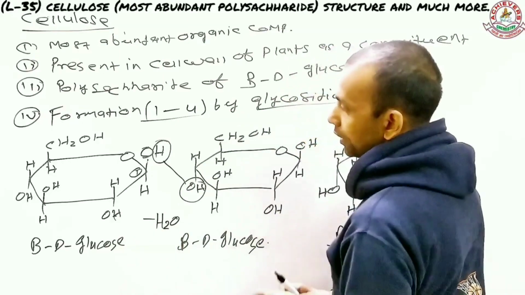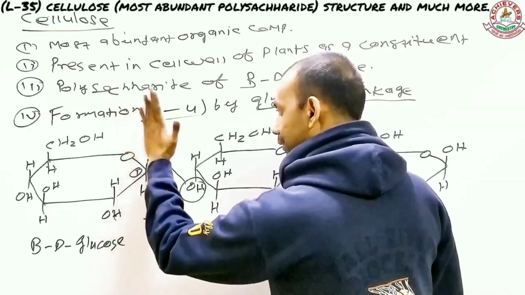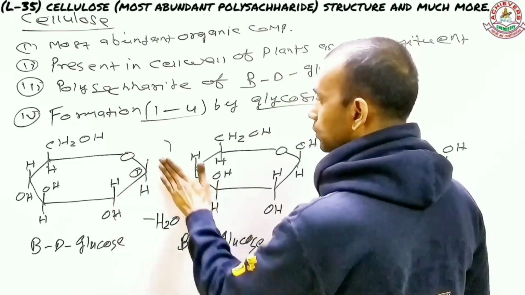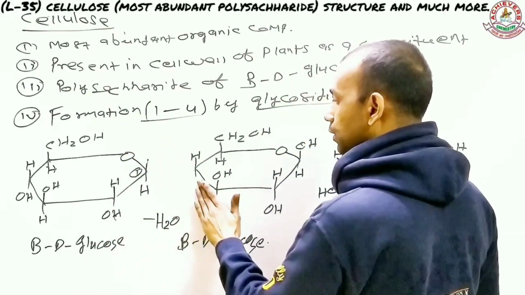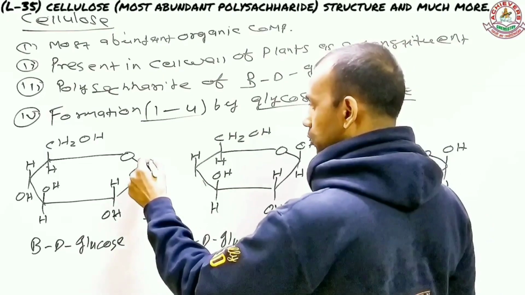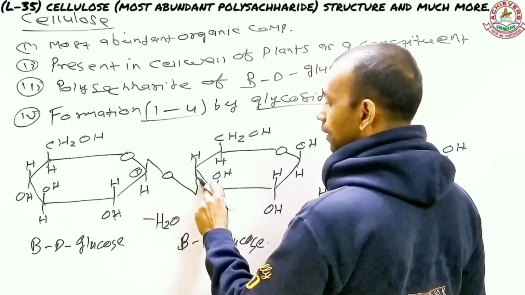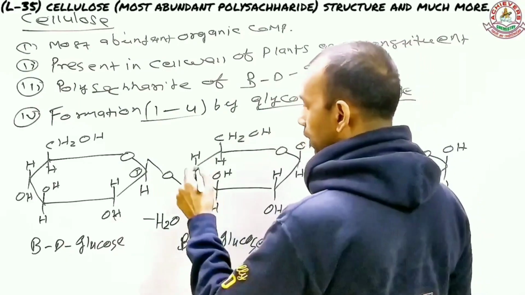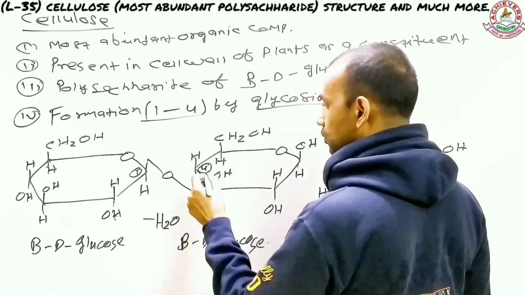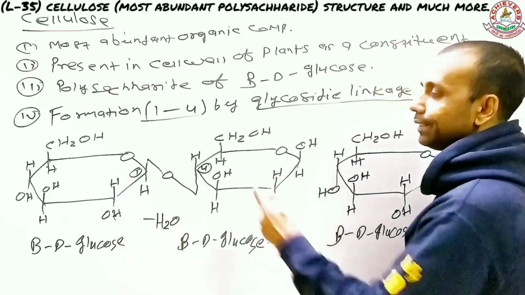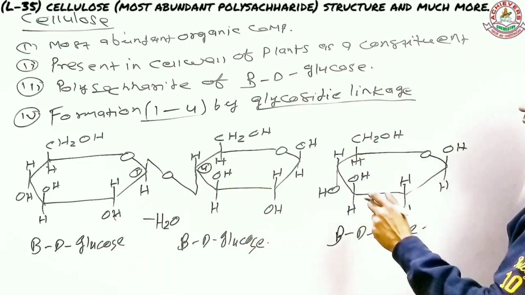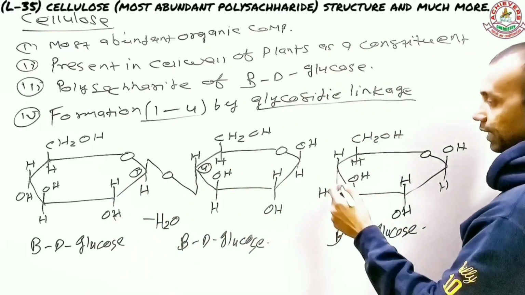And if the water molecule is formed, what will happen? This oxygen will form a glycosidic linkage here, which is going to look something similar to this. So this is the glycosidic linkage between the fourth carbon of this glucose and the first carbon of that one. Similarly, we will do the very same right here.